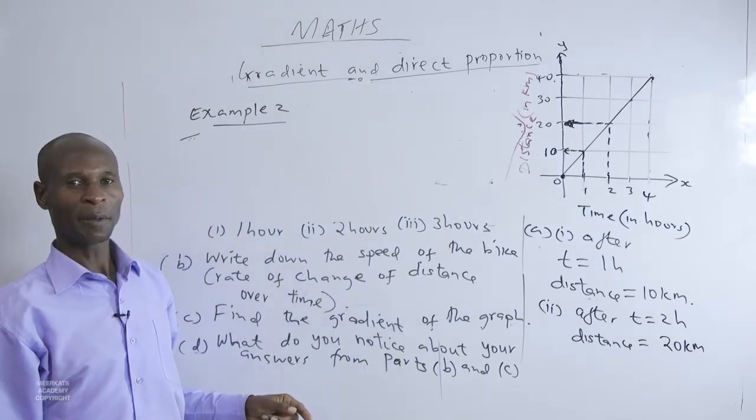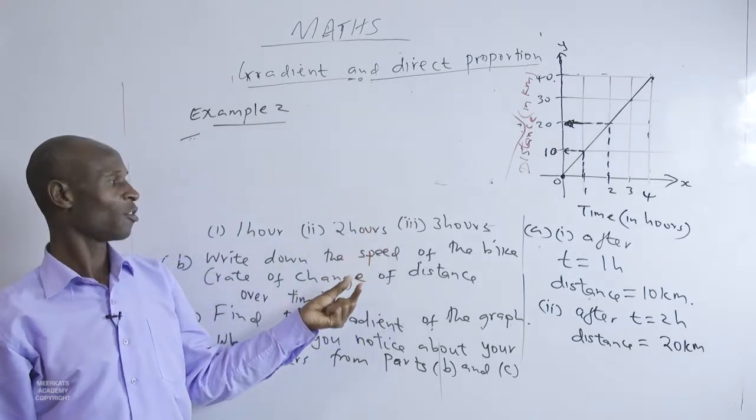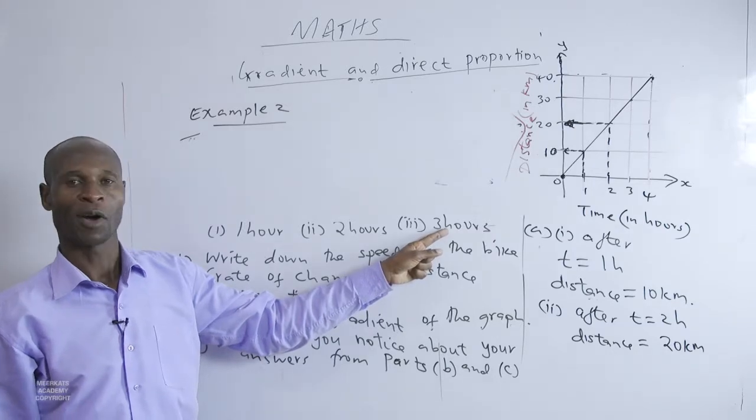Finally, we state the distance traveled by that cyclist after 3 hours.